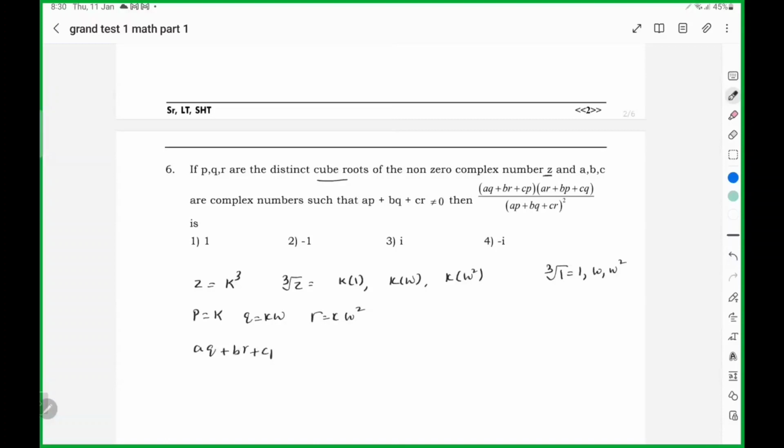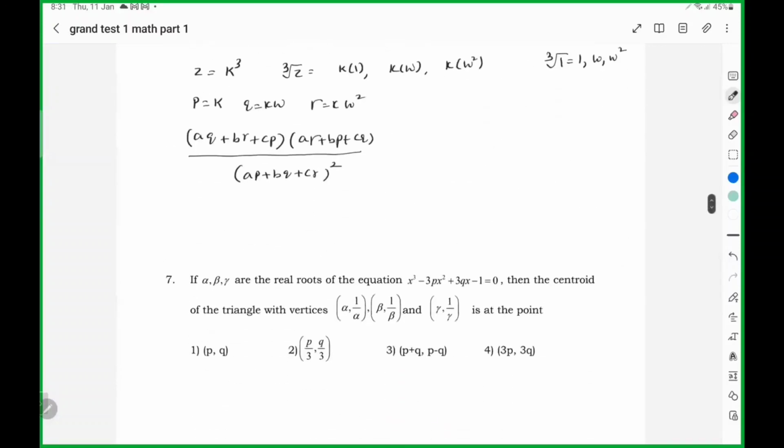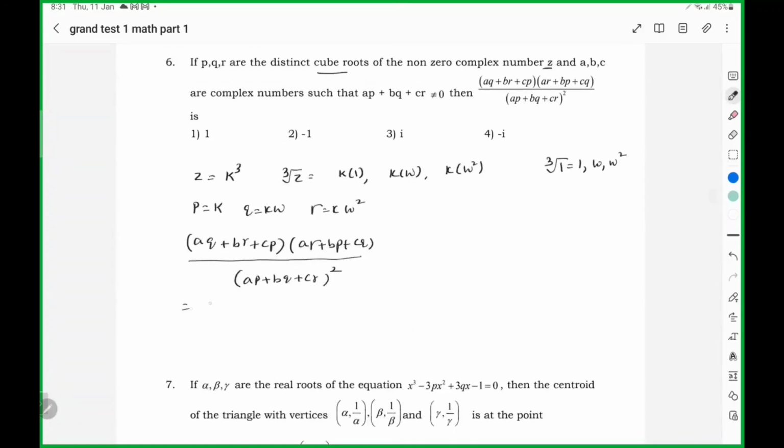aq plus br plus cp. Here in place of q, k omega; b, r is k omega square; c, p is k, r is k omega square, c is, whole divided by ap.